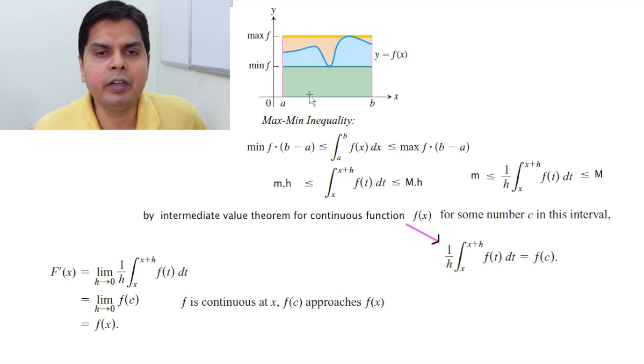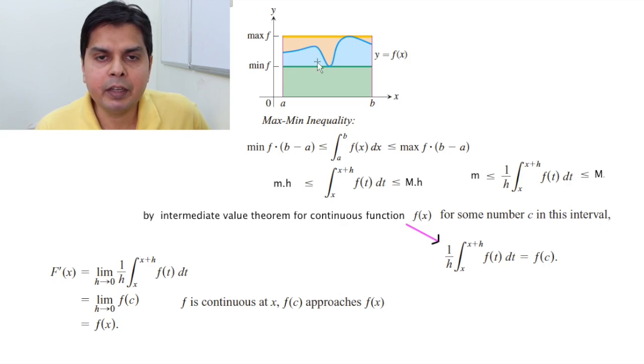That theorem is the max-min inequality. Suppose you have been given any arbitrary function y is equal to f(x), and in this interval, say a to b, the green line is the minimum value of f, and the yellow line is the maximum value of f. Now this integral from a to b will be the area, and that exact area is this blue one.